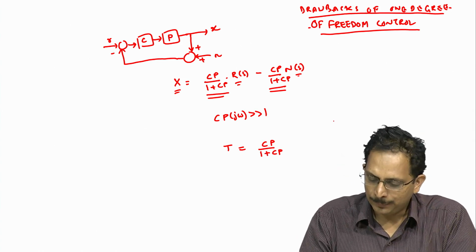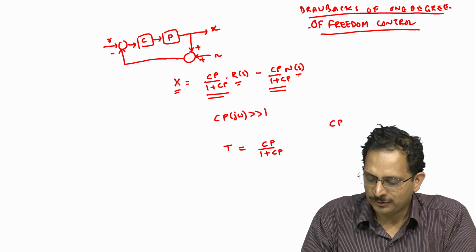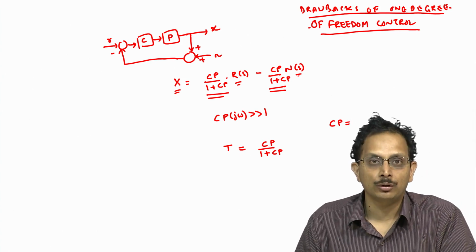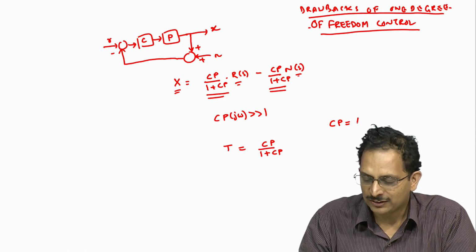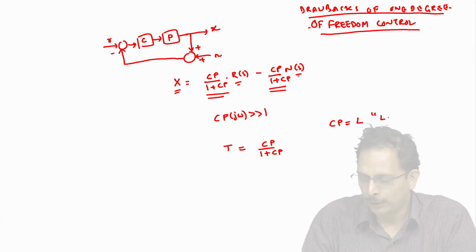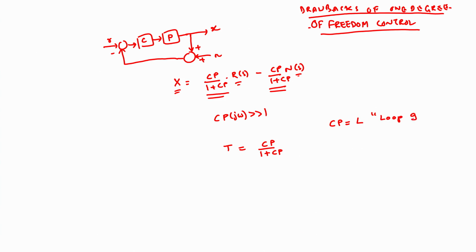And in the previous clips I have introduced the term CP, the product of the controller transfer function and the plant transfer function, as what we call L, or in other words the loop gain. And the term T, of course, we have introduced as the transmission function.